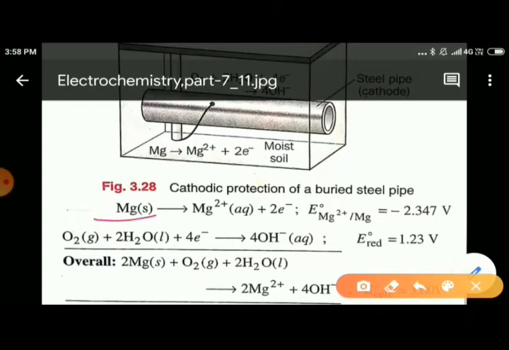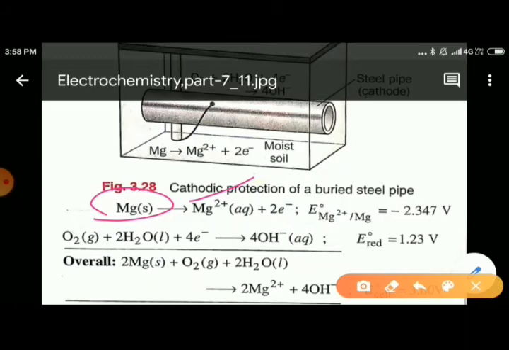So magnesium will work as anode. It will get oxidized to form magnesium ion. Its potential value is minus 2.347 volt. At the same time, the pipeline in the earth is also surrounded by moisture and water that work as electrolyte.